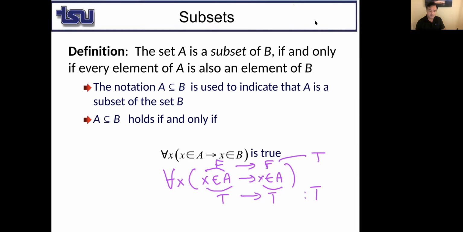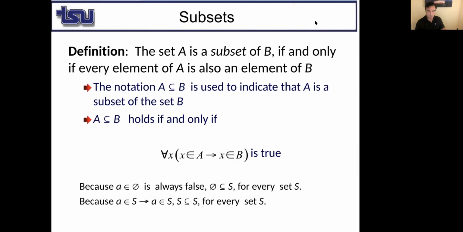True, right? So that means a set is a subset of itself, always. That's what I say here. So the empty set is a subset of any other set, and we know that a set is a subset of itself.